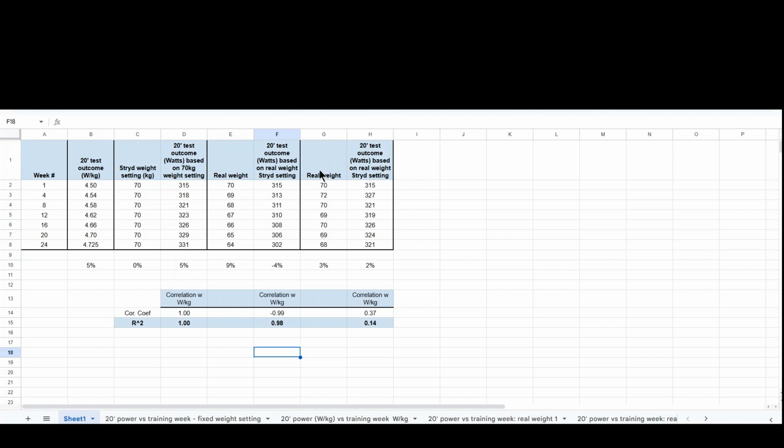Scenario number three is also an athlete that allows their weight to float. They reset their weight setting as weight changes. It's a scenario in which it isn't just straight weight loss.